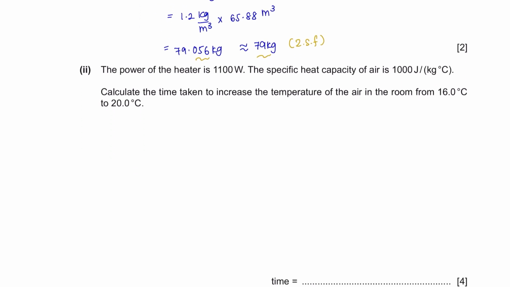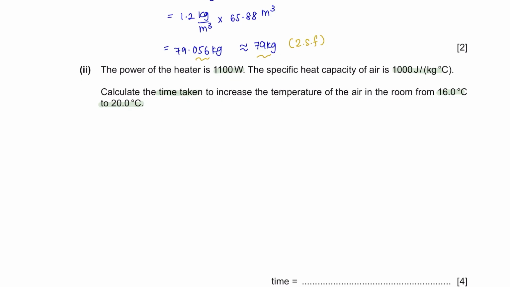Part 2. The power of the heater is 1100 watts. The specific heat capacity of air is 1000 joules per kilogram degree Celsius. Calculate the time taken to increase the temperature of the air in the room from 16 degrees Celsius to 20 degrees Celsius.